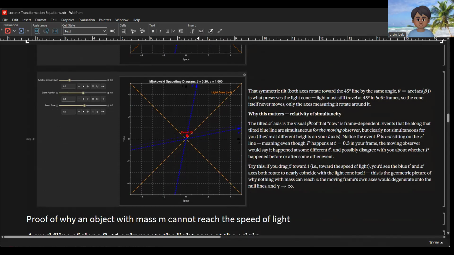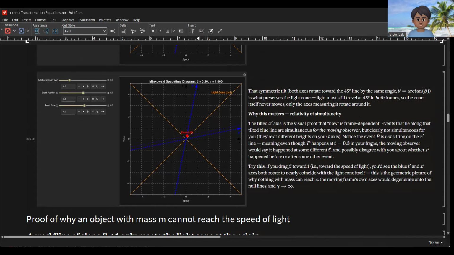Why does this matter? Relativity of simultaneity. The tilted x prime axis is the visual proof that "now" is frame dependent. Events that lie along that tilted blue line are simultaneous for the moving observer, but clearly not simultaneous for you. They are at different heights on your t axis.